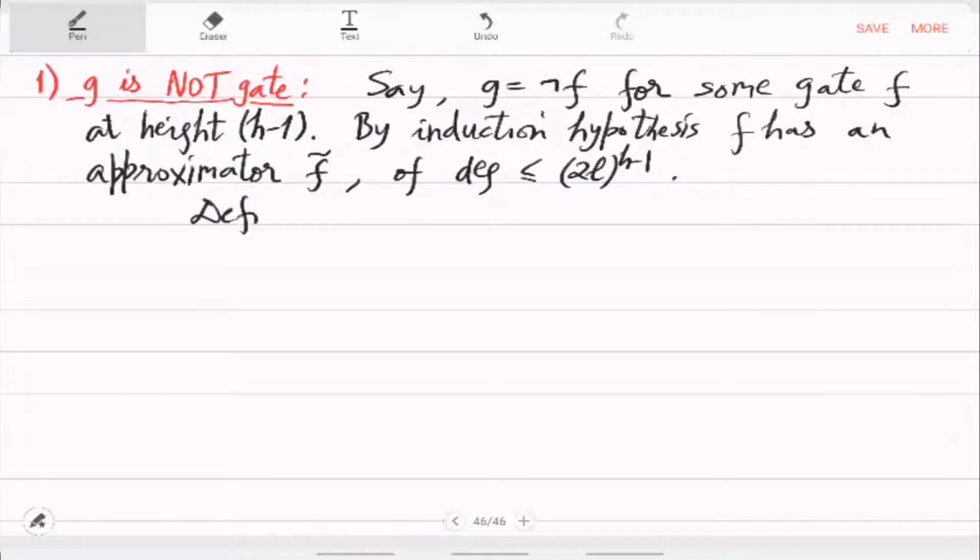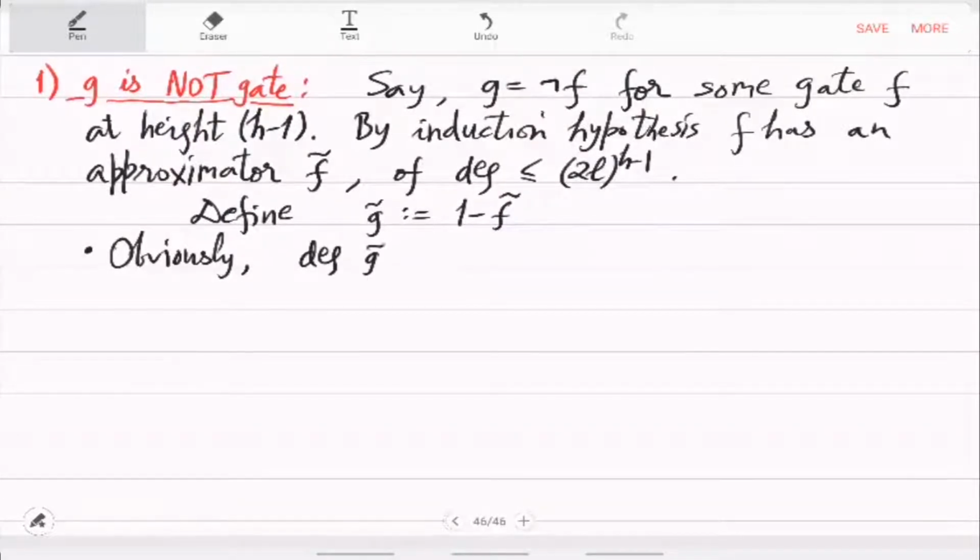It's very easy. You just want to make 0 to 1 and 1 to 0. So you can define G tilde to be 1 minus f tilde. When f tilde is 0, this is 1; when it is 1, this is 0. So this is the NOT approximator. In fact, this doesn't make any mistakes, and obviously the degree has not changed.